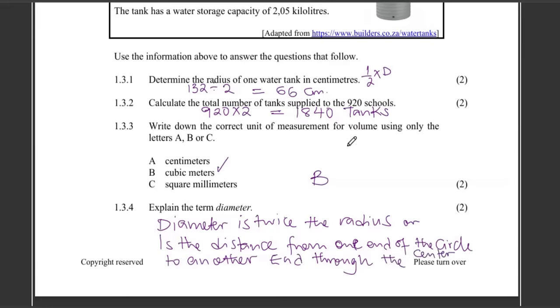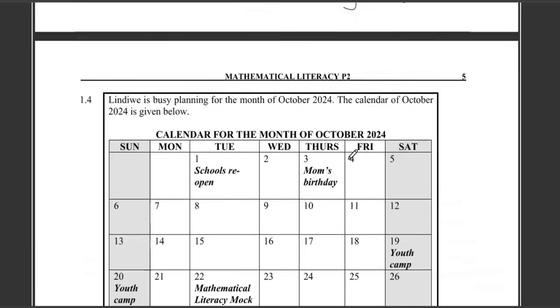Okay, that is it. We can continue and we go to 1.4.